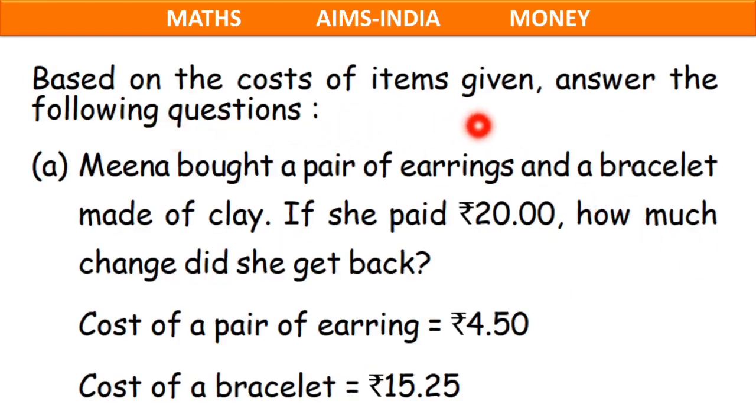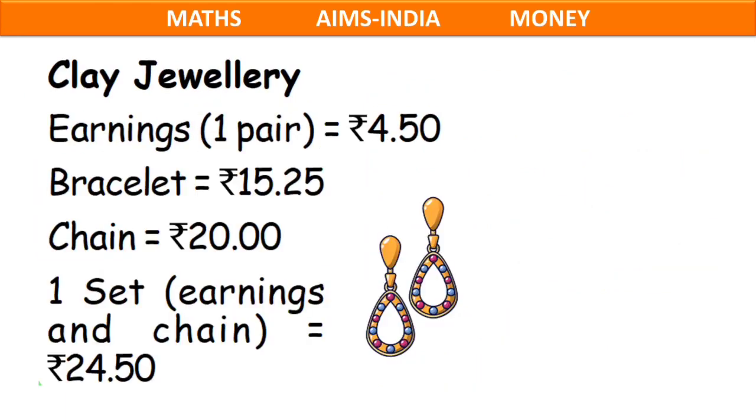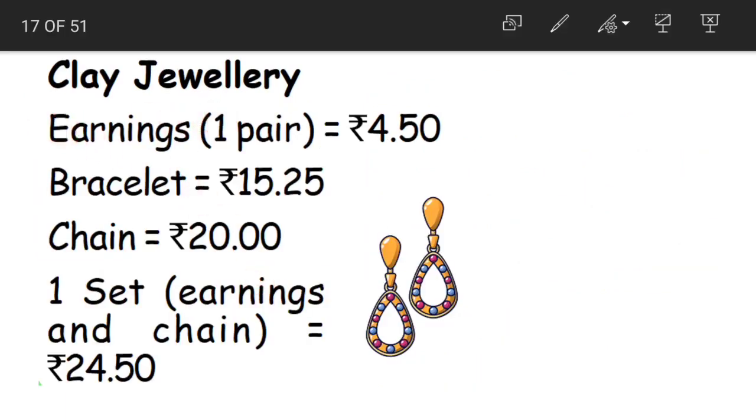Now based on the costs of given items, answer the following questions. Now what is the first question here? Meena bought a pair of earrings and a bracelet made of clay. If she paid 20 rupees, how much change did she get back?